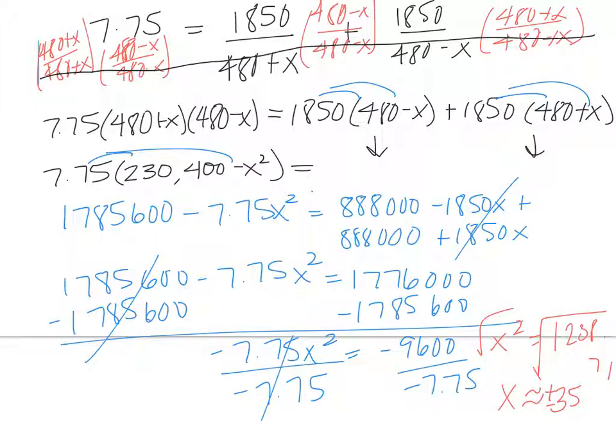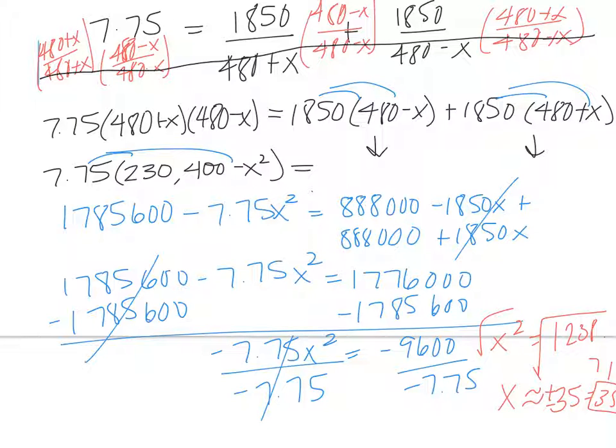Technically, it's plus or minus 35, but really we know that speed is not going to be negative, and we could check that by putting positive 35 back into this whole equation. But just know that really x equals 35. And so that is our answer. So we did a lot of work, but we got everything we needed.